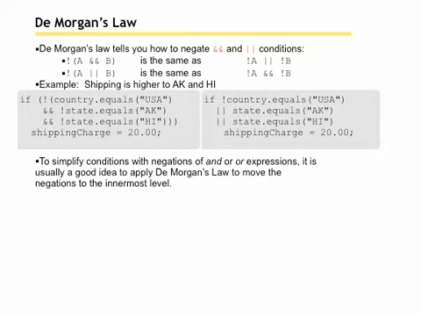We would benefit from saying if not country.equals USA or state.equals Alaska or state.equals Hawaii, shipping charge equals 20. It's a little bit more clear. The problem with the expression in the gray box on the right-hand side is the entire Boolean expression needs to be in a set of parentheses like it is on the left, and it's not. That's a typo. To simplify the conditions with negations of and or or expressions, it is usually a good idea to apply De Morgan's law to move the negations to the innermost level.